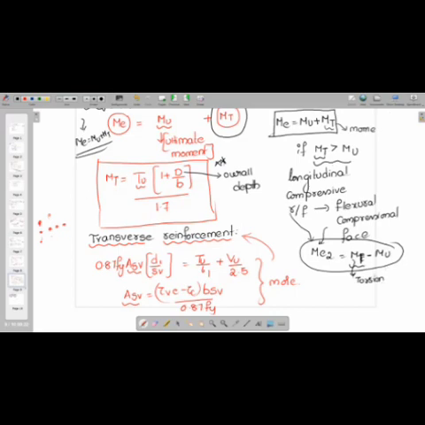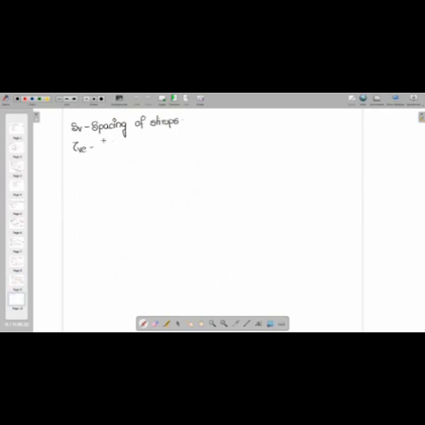Okay. Now, tau v is the equivalent shear stress.